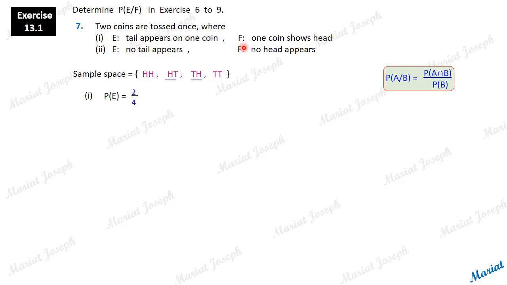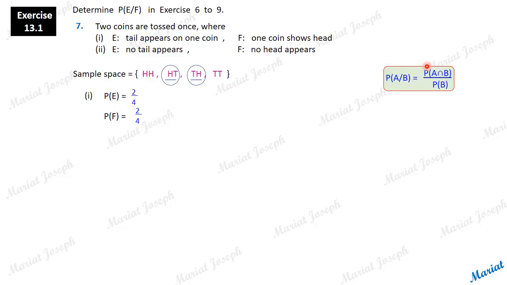Now, probability of F. One coin shows head. Which are the outcomes? Not this, of course not this. Again, the same 2. So probability of F is again 2 by 4. Now, what is the probability of the common elements, E intersection F?